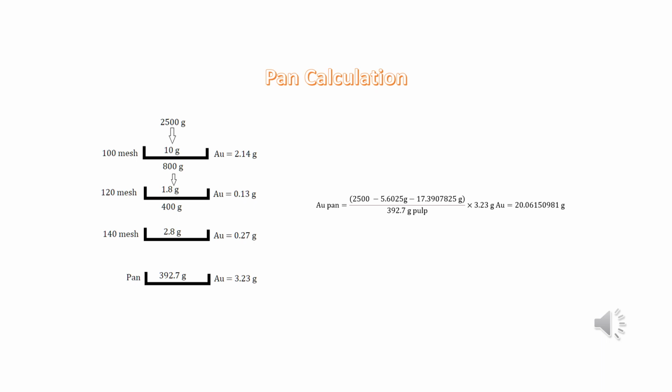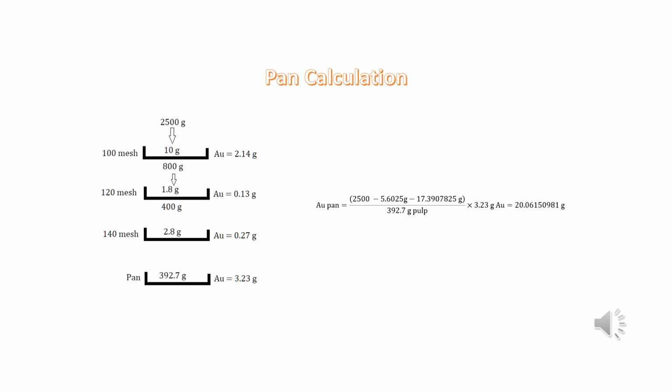Well, that's easily said and done because you started out with 2,500 grams. You minus the 5.602 grams of metallic that you had on that first screen total, and then you minus the total of the 17.39 grams that you had on the 140 mesh screen.